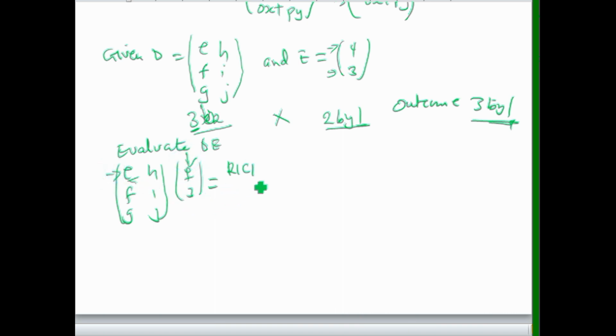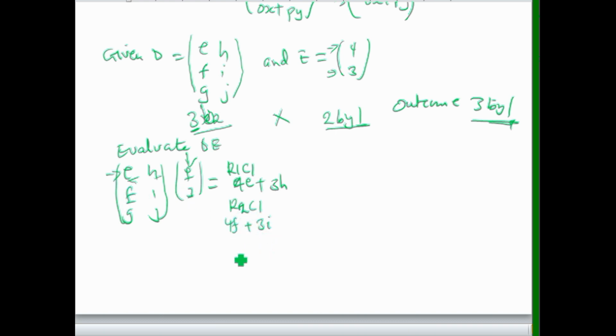So that is e times 4, which is 4e, plus h times 3, which is 3h. Now second row, first column, that is f times 4, that is 4f. You add to i times 3, which is 3i.